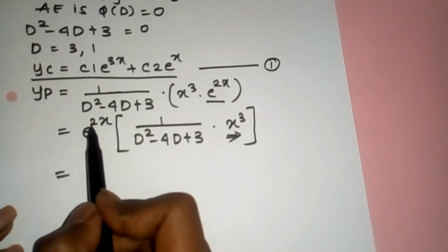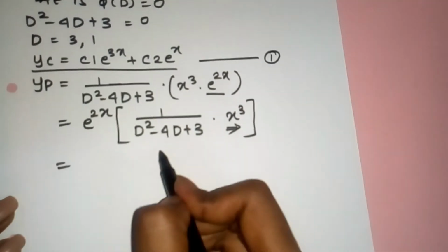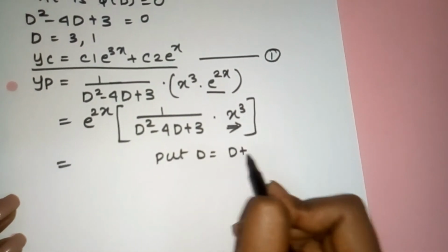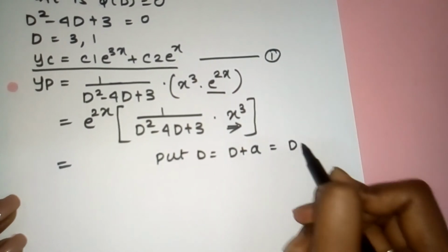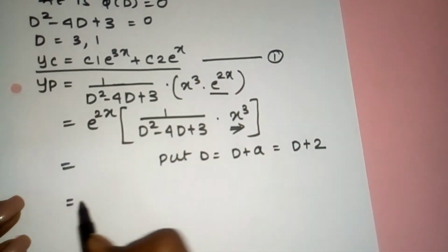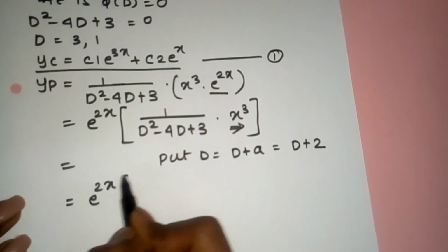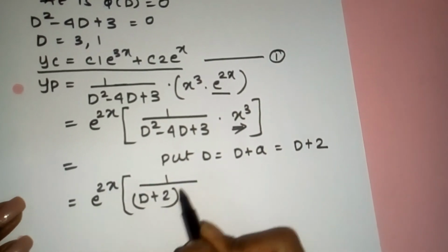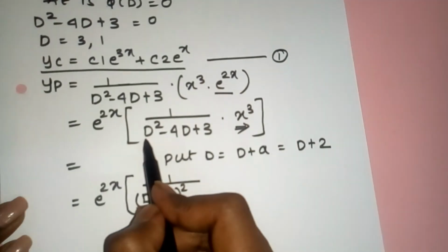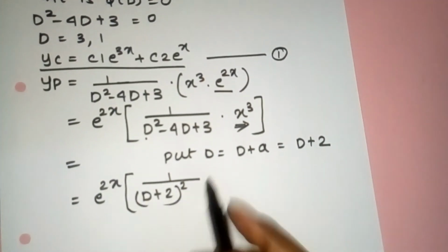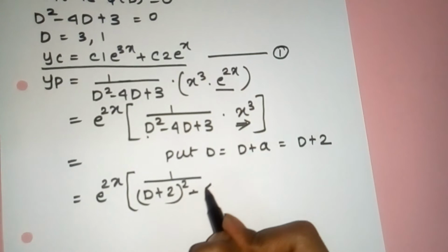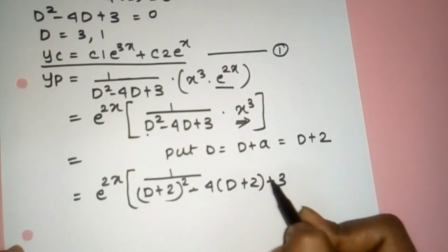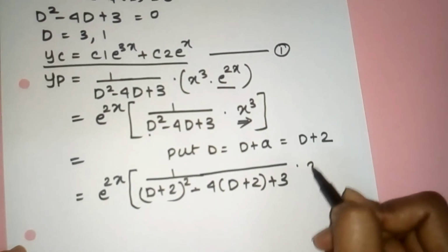Now when we have e raised to 2x, we have to put D is equal to D plus a, that is D plus 2. Now we'll put the values: e raised to 2x, 1 upon D plus 2 whole square. Wherever you can see D, we have to put D plus 2. So minus 4 into D plus 2 plus 3, into x cube.